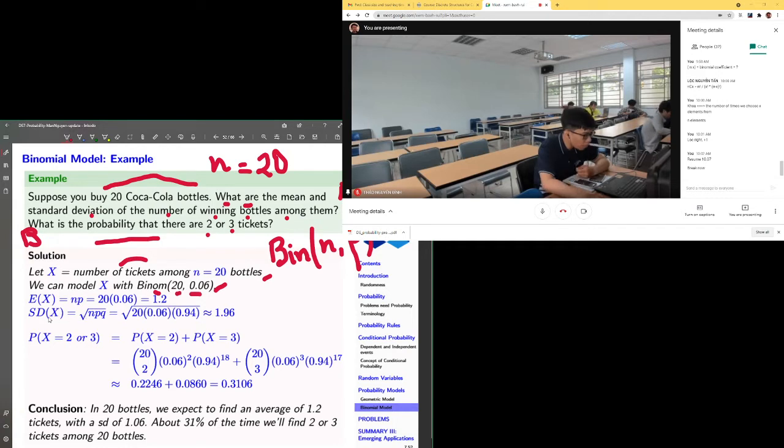And you know the mean, or the expectation. The formula in the last slide tells you this one. So on average, the average number of lucky tickets will be only 1.2 tickets. But the standard deviation, also by the formula we know before, is the square root of the product here.